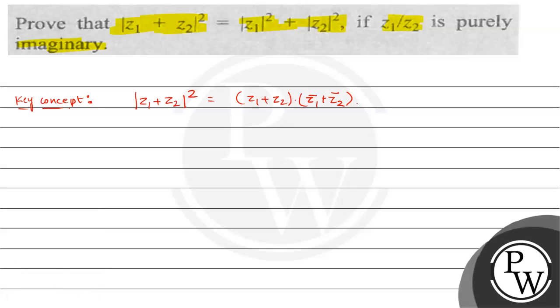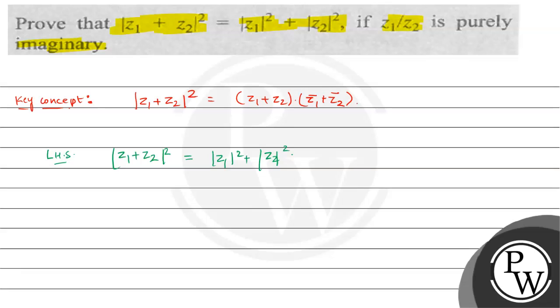So we'll take the LHS here. The given statement says |z1 + z2|² = |z1|² + |z2|².